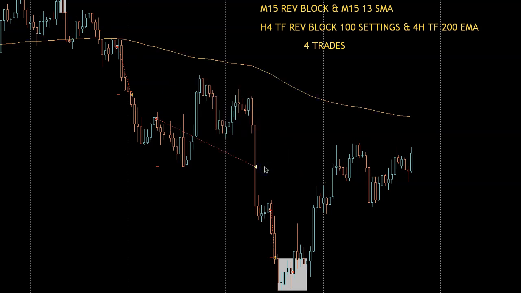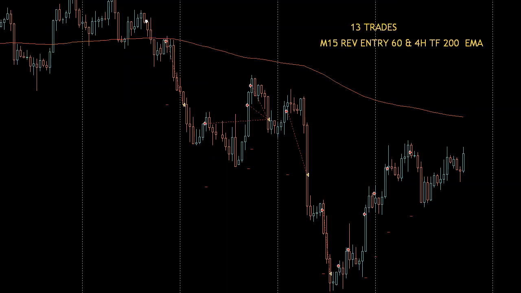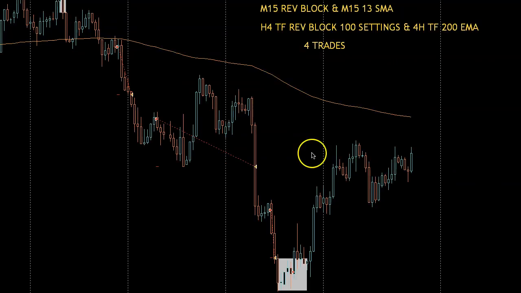With these examples, we were able to go from like 13 entries, 13 trades, just by using this type of settings, to minimize it to 4 trades, pretty much within the same settings, just tweaking it around.